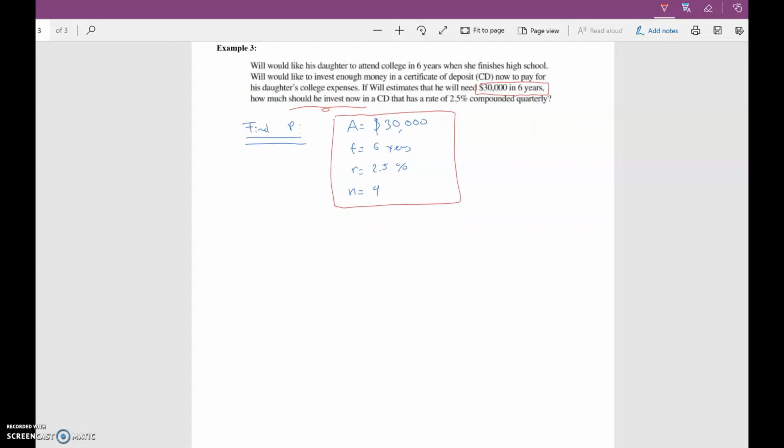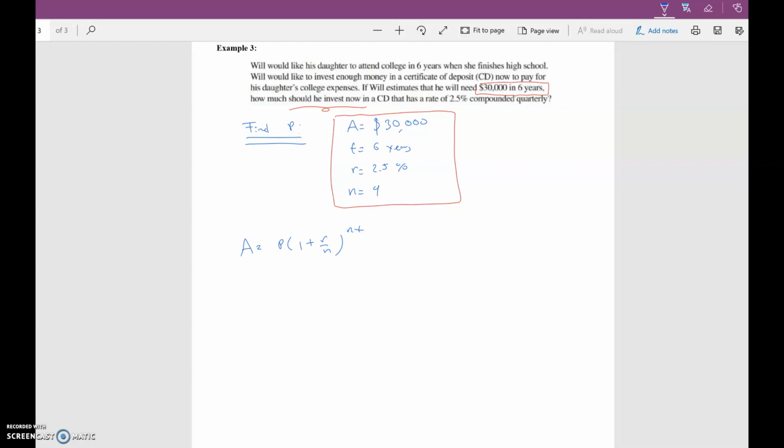Now, the main formula that we have is A equals P times 1 plus R over N, raised to the NT.